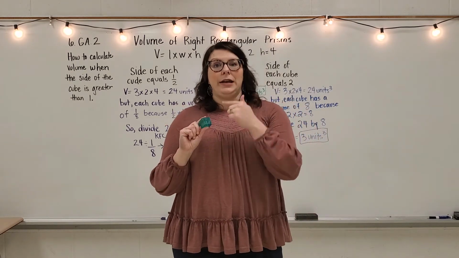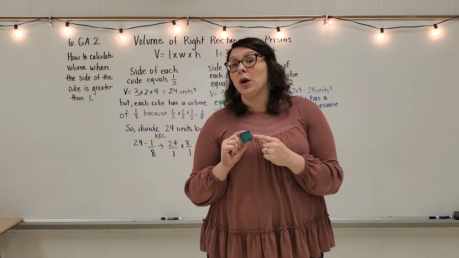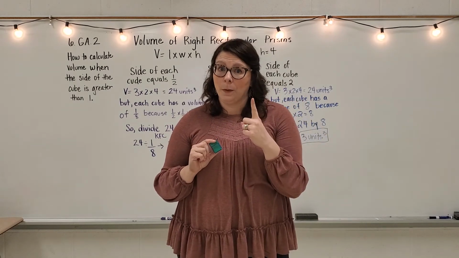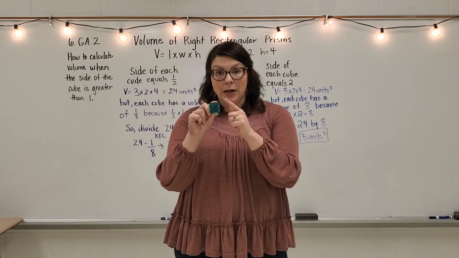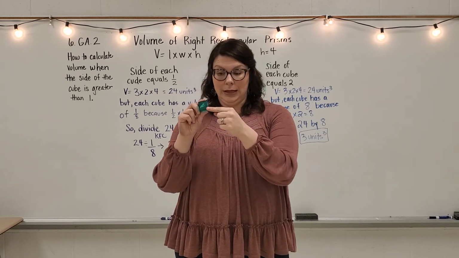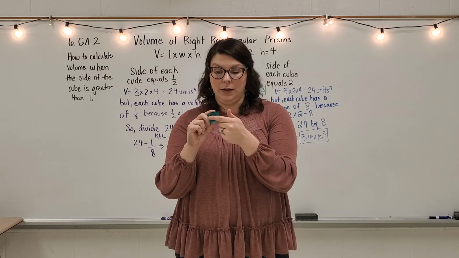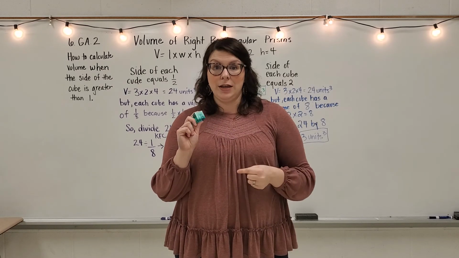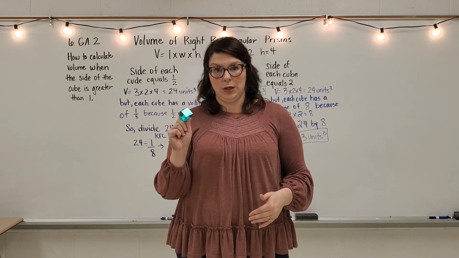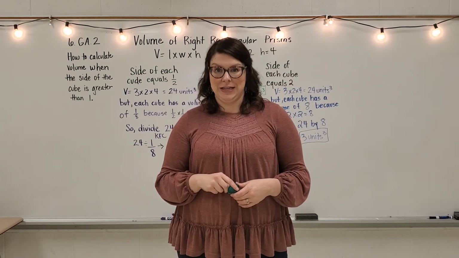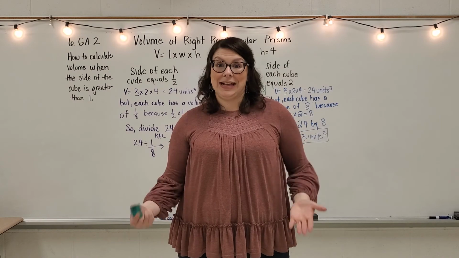And remember, each side of the cube is the same length, so they're only going to give you one side, okay? So you're going to say that side times itself three times: the length, the width, and the height of that cube. And then divide the volume by the volume of the cube to see how many cubes you need to fill up the space. And that's what volume is.